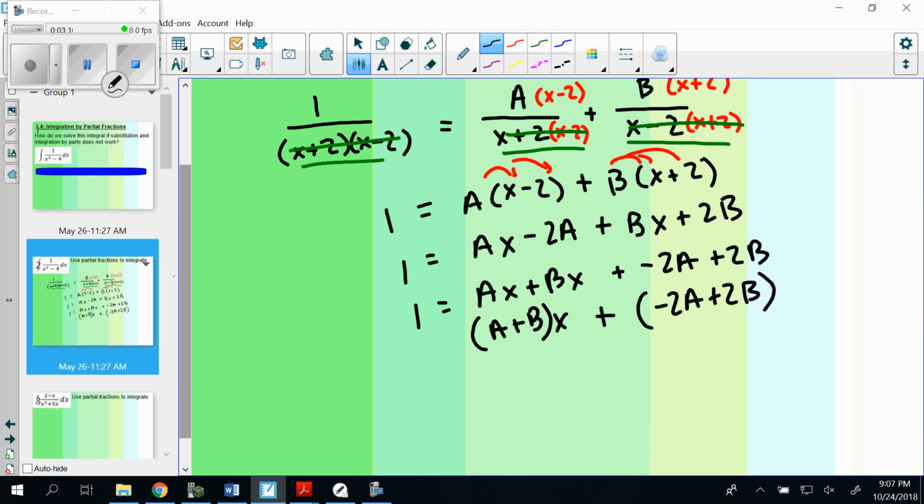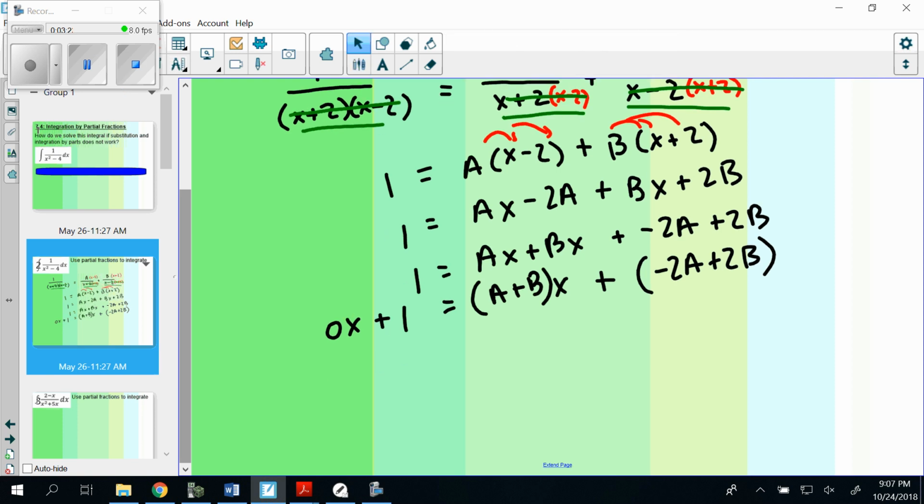Okay, so now over on this other side, we have a 1, and we don't have any x terms over there, so it's like there's 0 x's over here. Okay, so now if these two were going to be equal to each other, what we would have to have is that this would have to equal 0, and this stuff, because it doesn't have an x, would have to equal 1.